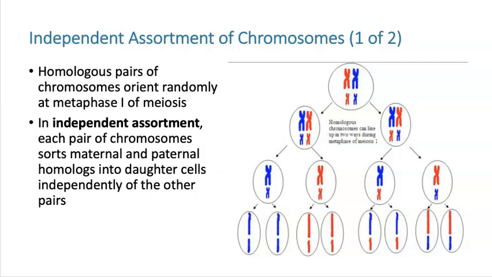How this works is, in a very, very simple example here, let's say your 2n equals 4. So your diploid number is equal to 4, okay? 2n equals 4. 1, 2, 3, 4. And imagine that we've got the metaphase plate right here. So these are lined up on the metaphase plate. They can line up in a couple of different ways. Here's one way.